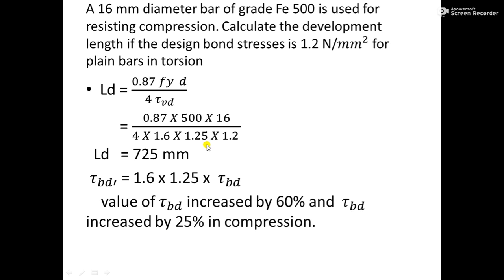A 16 mm diameter bar of grade Fe500 is used for resisting compression.